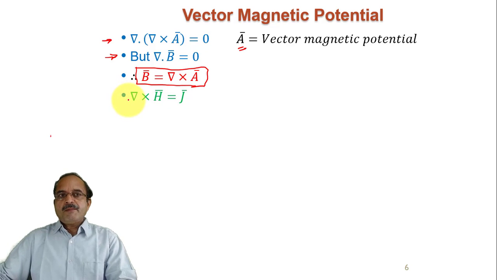Now from Maxwell's equations, we know del cross H is equal to J, that is the current density.